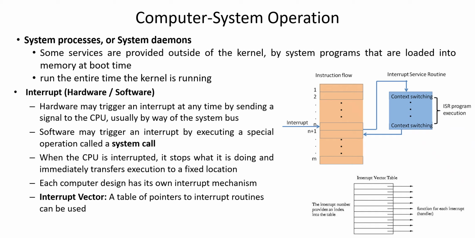When the CPU is interrupted, it stops whatever it is doing and immediately transfers execution to a fixed location. Every computer design has its own specific interrupt mechanism, but a common approach is to use an interrupt vector, a table of pointers to interrupt routines, so the CPU knows exactly where to jump for each type of interrupt.